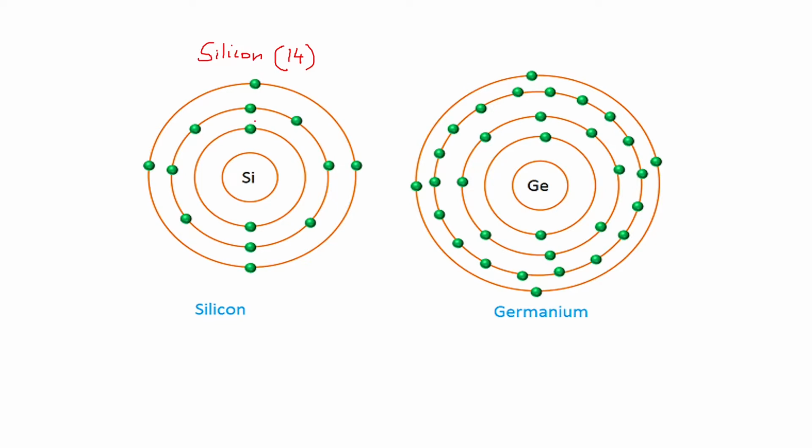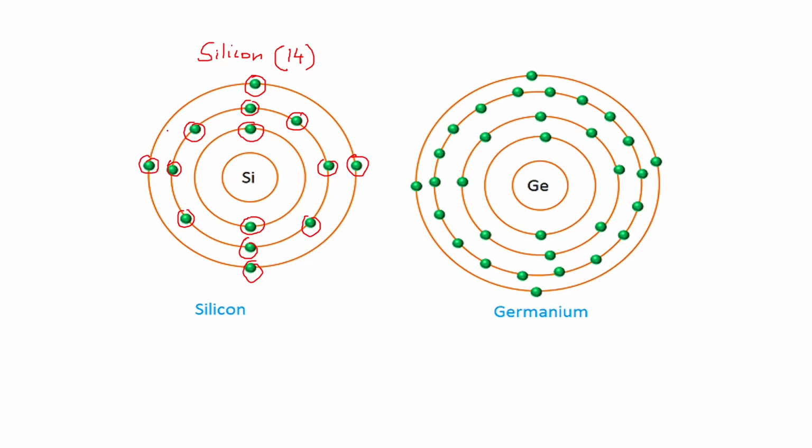In the first orbit you have 2 electrons. In the second you can have a maximum of 8 electrons according to the theory of atomic structure. So 2 plus 8 is 10, then for 14 another 4 will remain, and in the last orbit you have these 4 electrons.